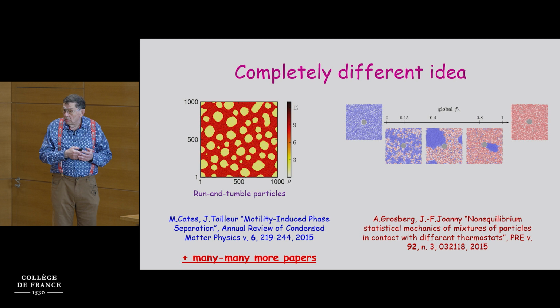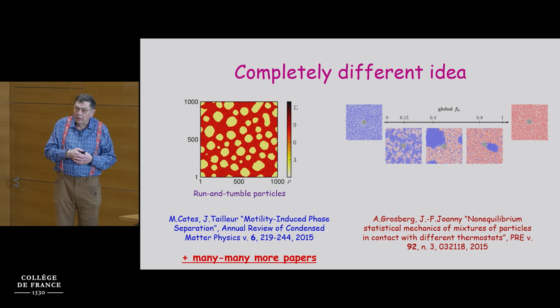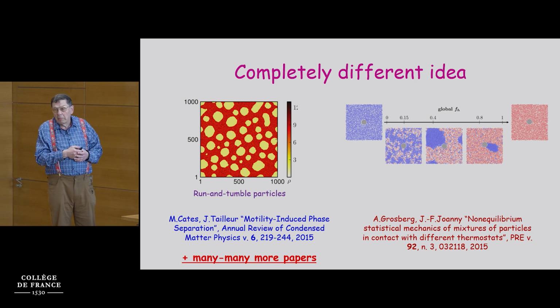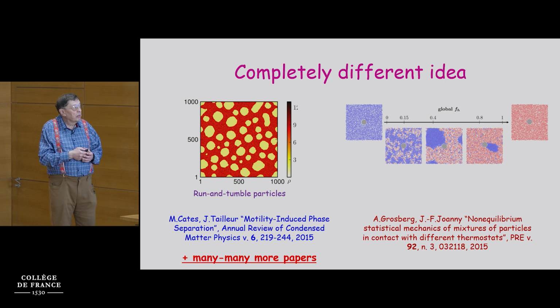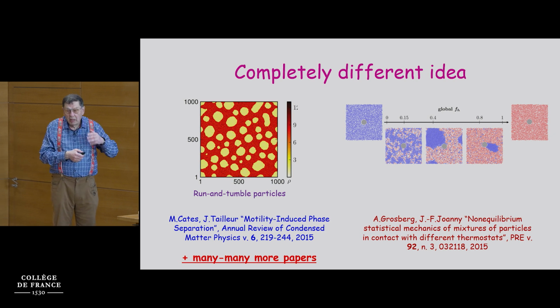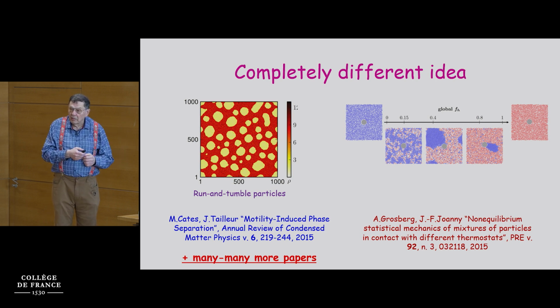Some phenomena like this, recently made most popular by Mike Cates and his co-workers, is the idea of run-and-tumble particles or active Brownian particles. These objects undergo so-called motility-induced phase separation, here shown for some particular model. Very clearly you have phase separation between more active particles and less active particles.